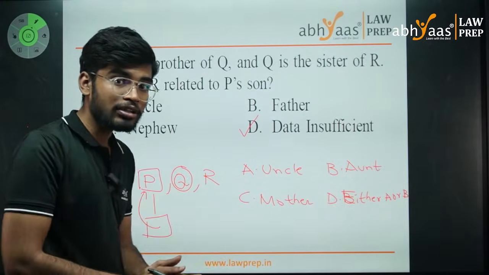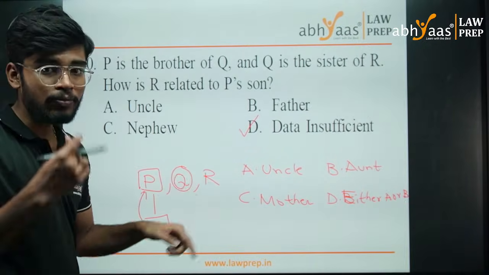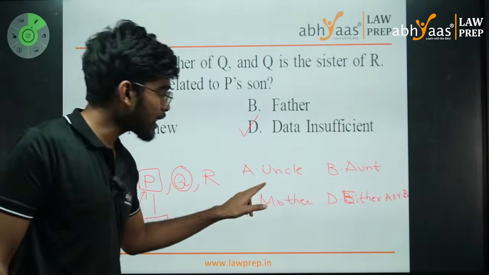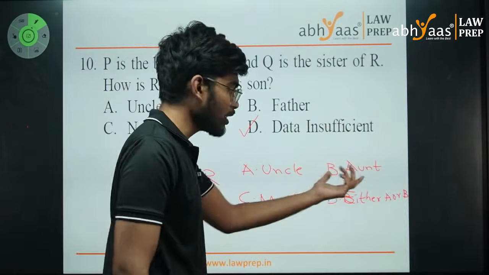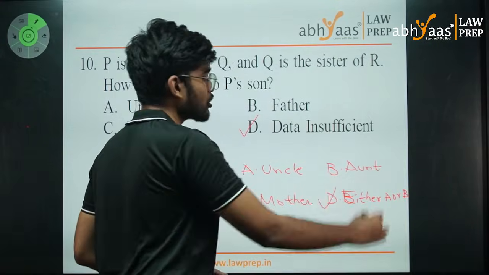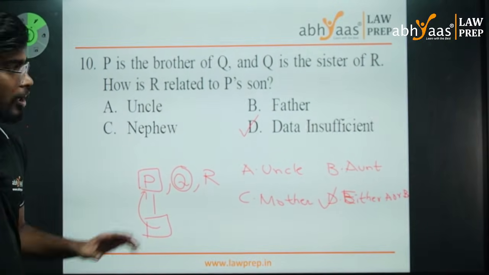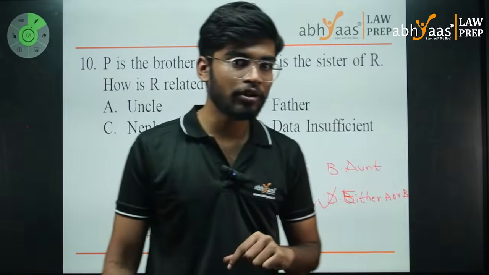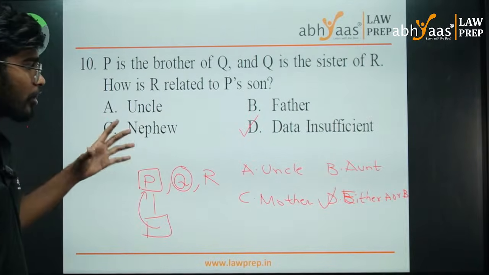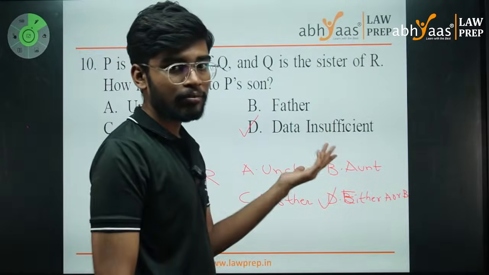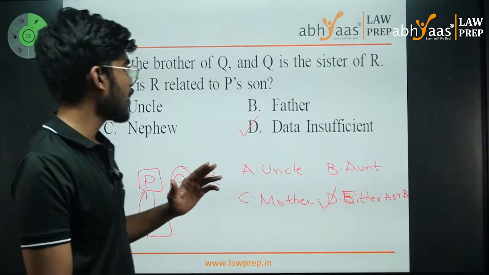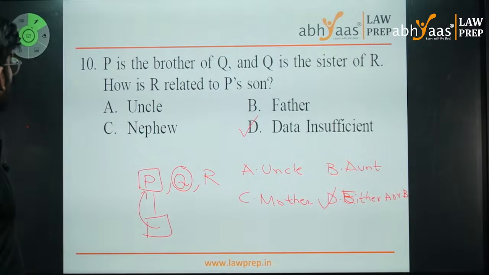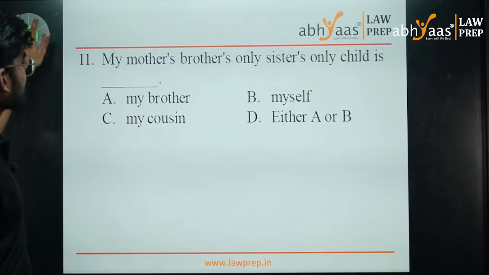Of course, the data is not sufficient, but we have only two possible genders. So R can be either an uncle or an aunt, meaning it is either A or B, right? So in that case also it will be option B. I hope this is clear, and this type of problem is very important from your exam point of view. So if you did not understand, please move a couple of minutes back and watch this question once again, because this is very important.